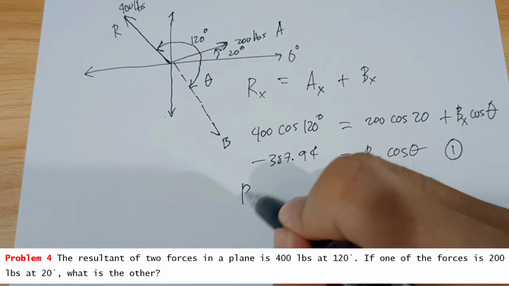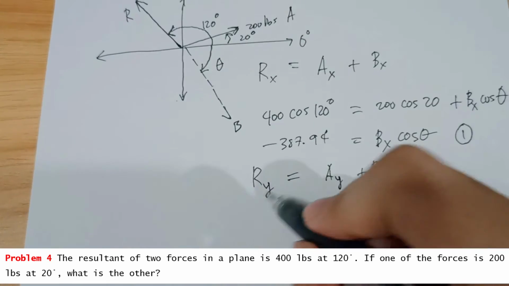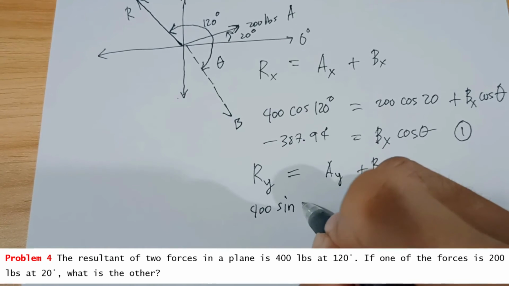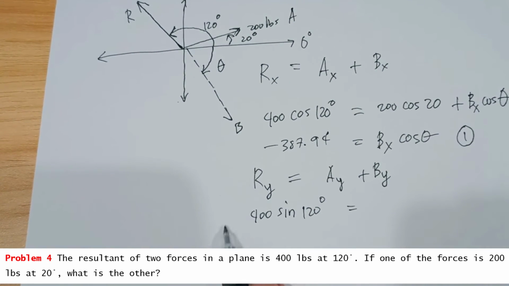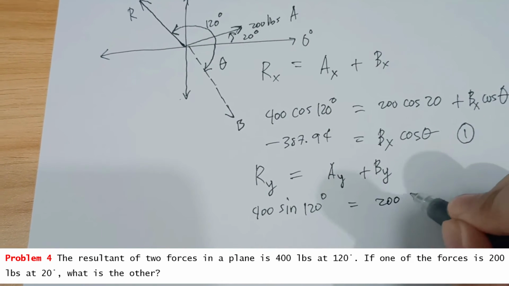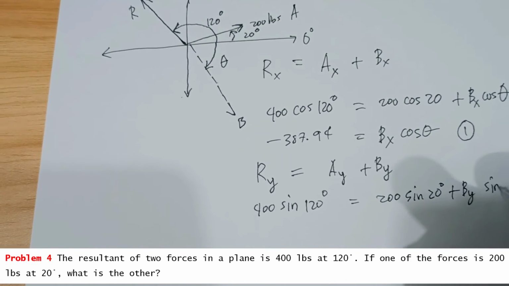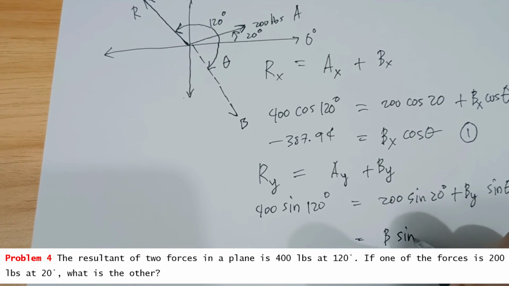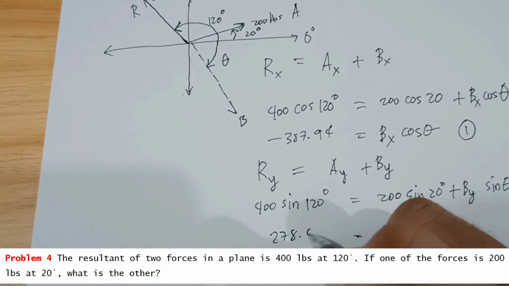Tapos meron din tayong vertical component Ry, ay plus By. So ito ay 400 sine 120 degrees. So hindi mo na aalalahanin yung sine dito pag naka-standard position yung angle. 200 sine 20 degrees plus B sine theta. Simplify B sine theta. Lipat dun sa kabila, magiging 278.01.